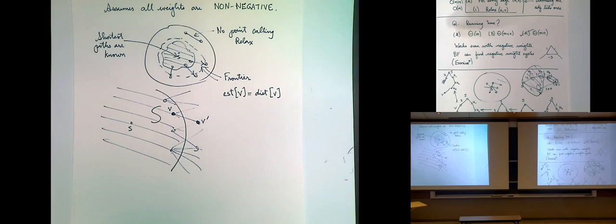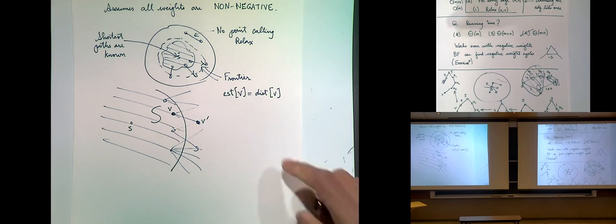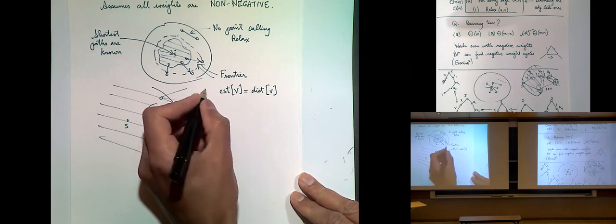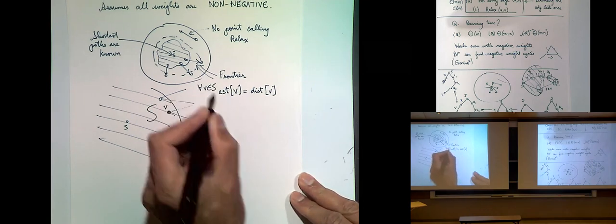Inside the shaded region, the estimates and the distances are the same. But outside the shaded region I don't know what's going on. And I'm trying to figure out what is the next relax operation to call. So this is true for all V in capital S.